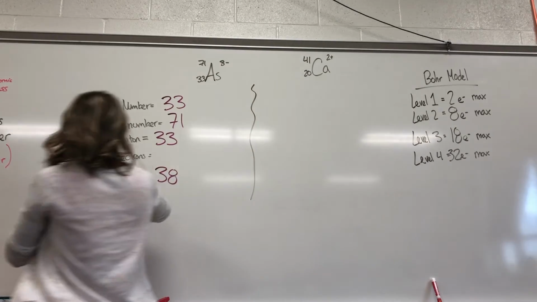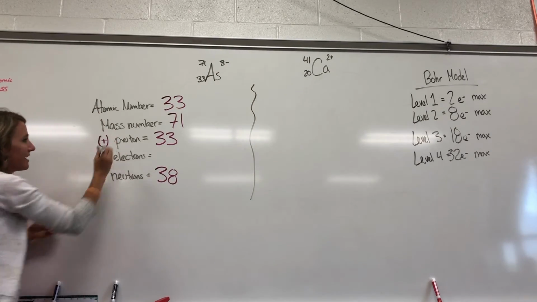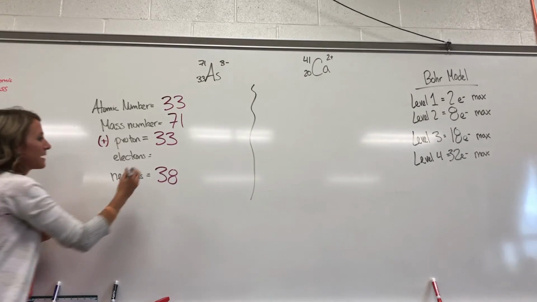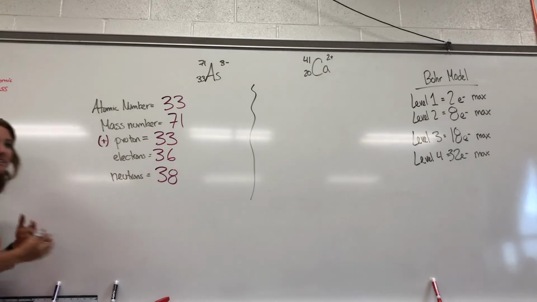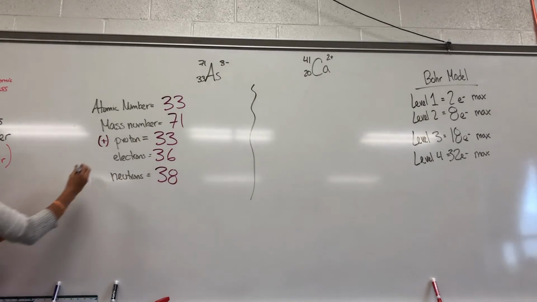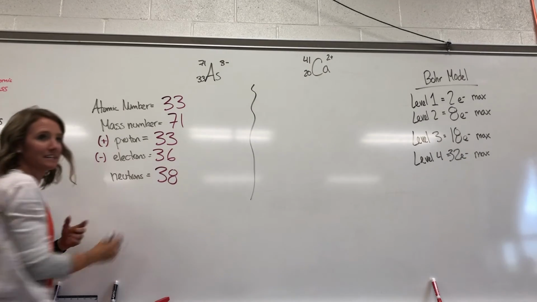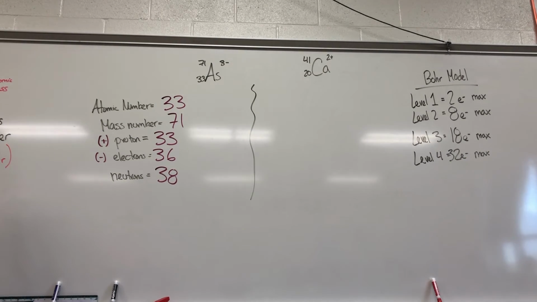So since my protons are the positive, and there's 33 of them, that means I have 36 negative things. Because these are negative and those are positive, and together, they have to equal the charge. Questions on that one?